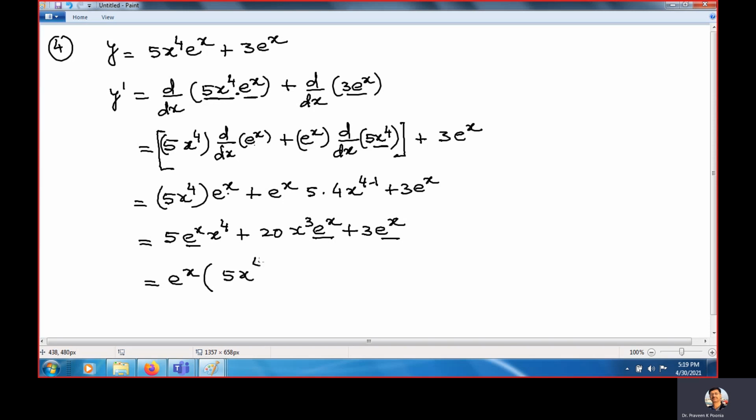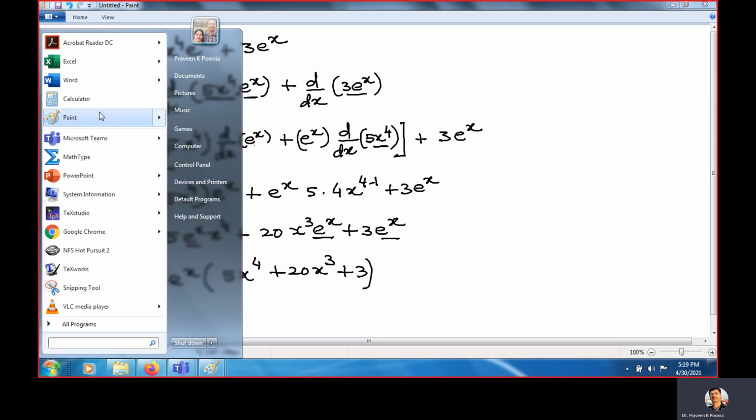What you will get? 5x^4 plus 20x^3 plus 3. This is the answer. And all these questions we are studying today or in the previous slides, every question will come in exam for 2 marks.